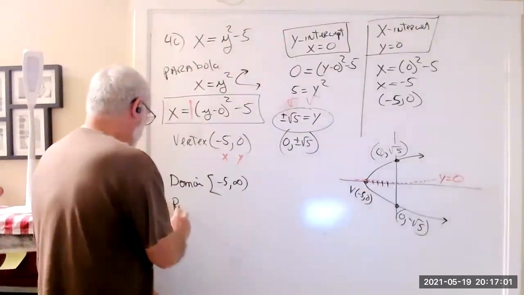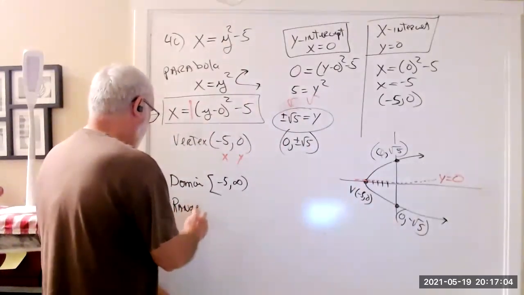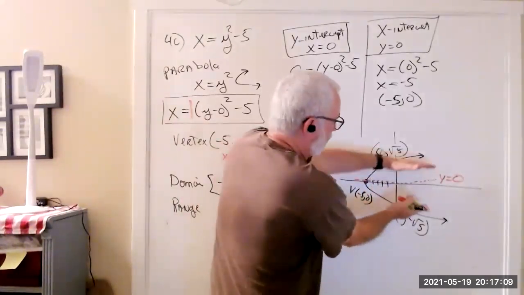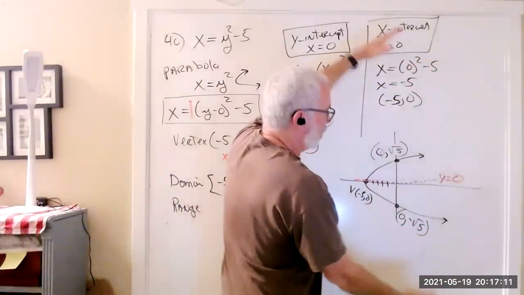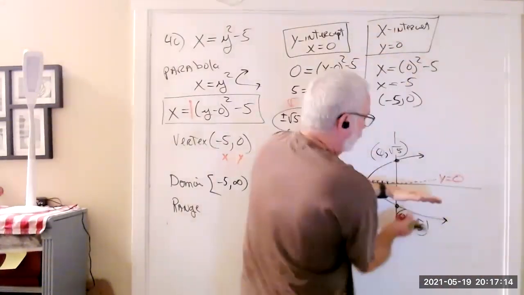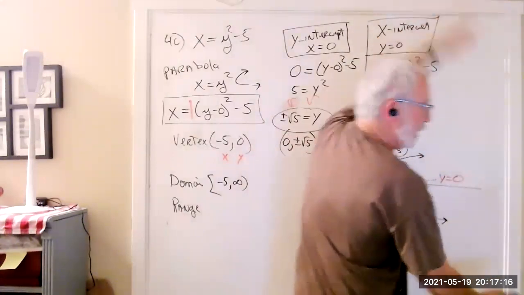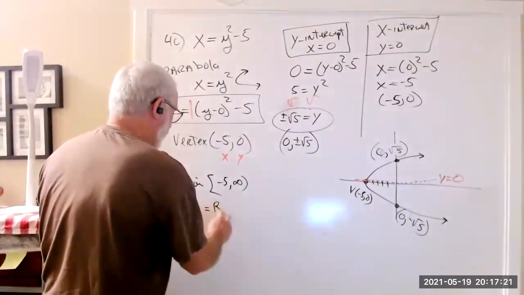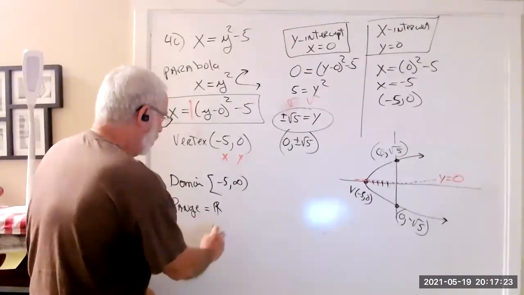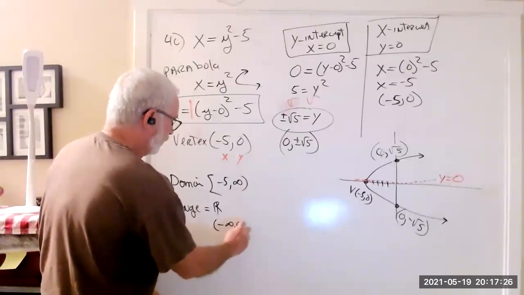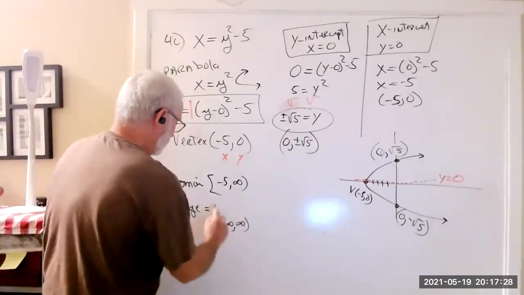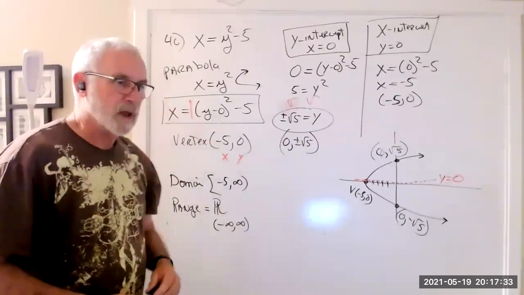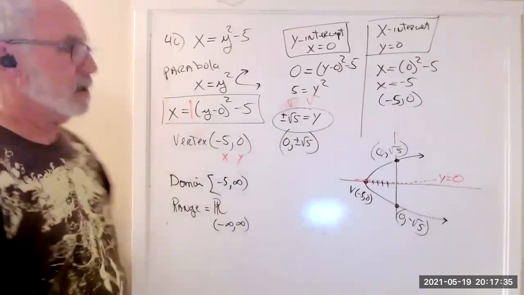My range: the parabola opens up wider and wider the further out it goes, so eventually all of these y values are going to be used. Everything's going to be used. So in this case, the range is either the fancy R or -infinity to +infinity. Fancy R. And that's it for 4C.